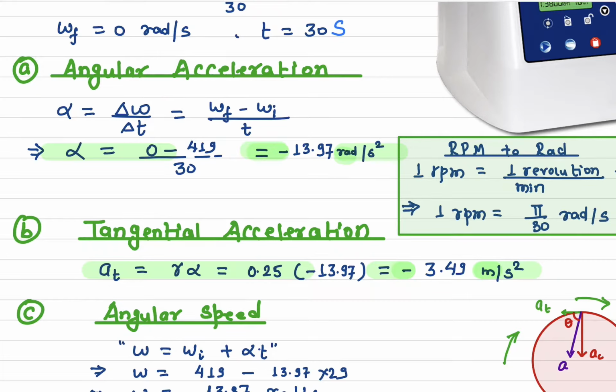Now let's calculate the tangential acceleration. The tangential acceleration is simply r times alpha, and r is the radius. So if you simply multiply this angular acceleration by the radius, you'll get the tangential acceleration.